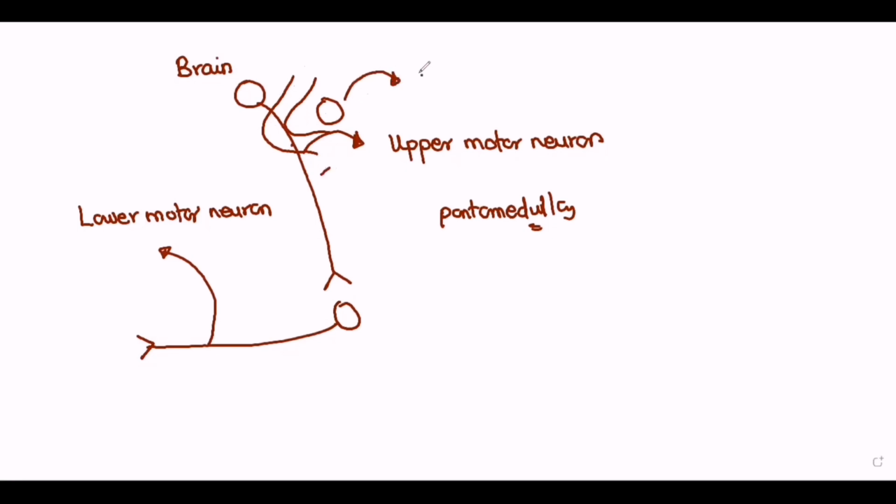You have a CVA, you have a brain tumor sitting inside the cerebrum, you have a cerebral abscess, which will compress on this neuron, and that will cause an upper motor neuron lesion. All the conditions that will affect this neuron will give rise to the lower motor neuron lesion, okay?